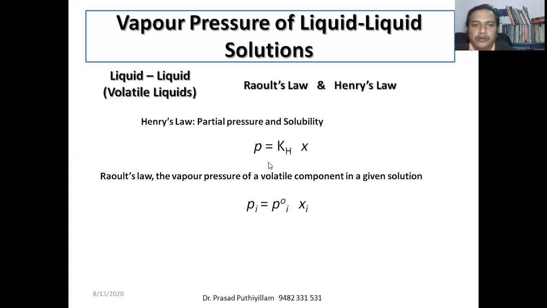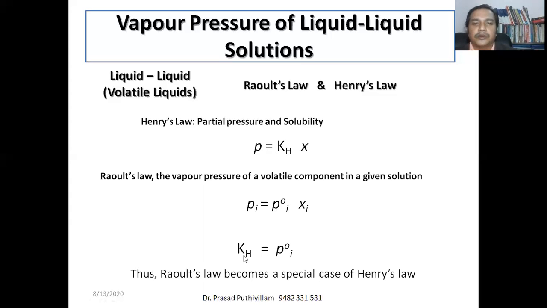These two expressions look the same, relating mole fraction and partial pressure. The only difference is the constant: in the case of Henry it is KH, and here it is P0i, the true partial pressure of the ith component. Therefore, we can say that KH equal to P0i can be considered as a special case.